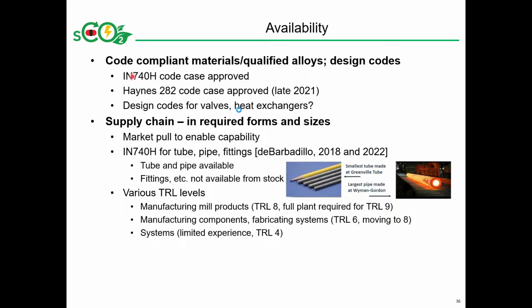The Inconel 740 code case was approved a number of years ago, and just recently the Haynes 282 code case has been approved for use in the boiler and pressure vessel code. Design codes for valves and heat exchangers, I think there's more work to be done there.